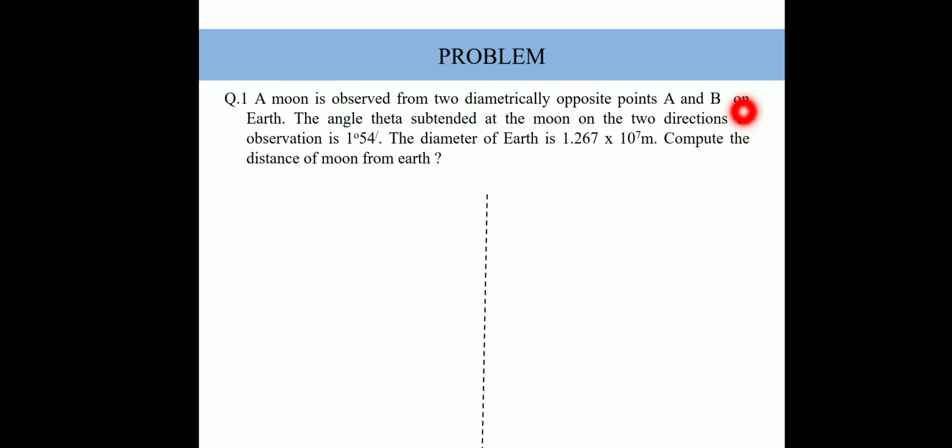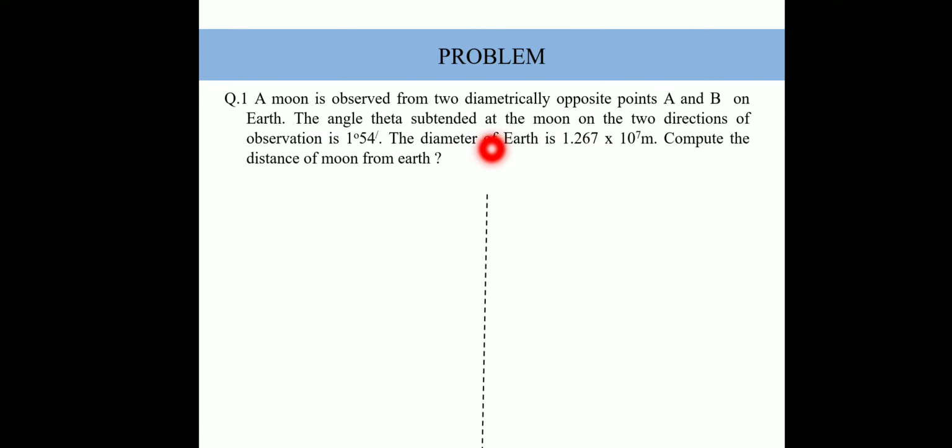One value we noted from the north pole of the earth, where we have point A, and the second point we noted from the south pole, which we take as point B. So we know the basis, which is given here: the diameter of earth is approximately 1.267 into 10 to the power 7 meters. So this is the basis. Only two values are left, capital D and theta.